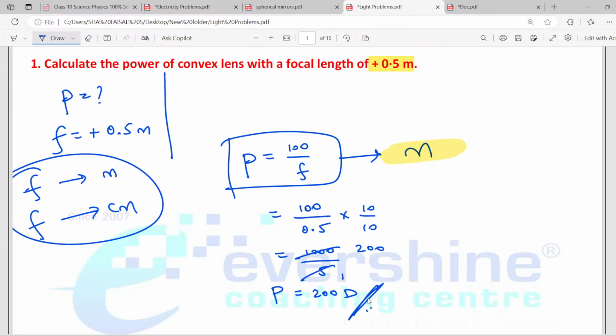So the SI unit of power is diopter. So what is the power of the lens? 200 diopters. Any doubts? Is it correct? Is the method that I have done correct?